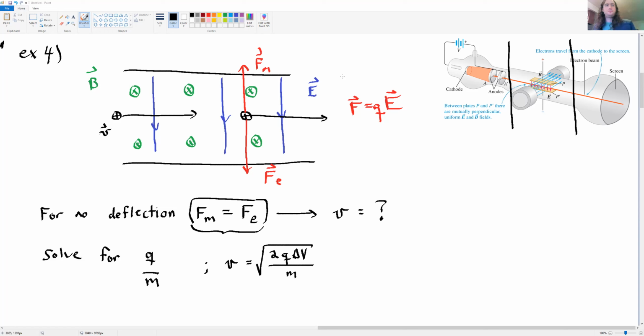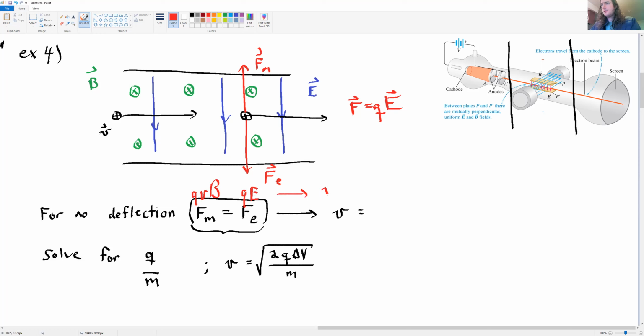Okay, let's go ahead and go over it now. Only a couple of you have given answers, so definitely should go over this. The magnetic force magnitude is QVB. The electric force magnitude is QE.